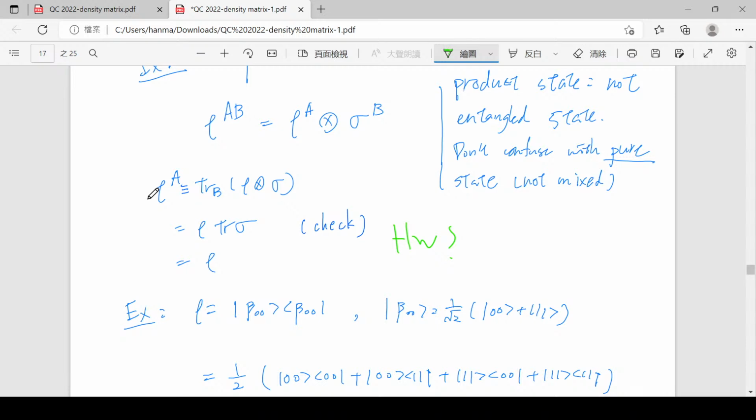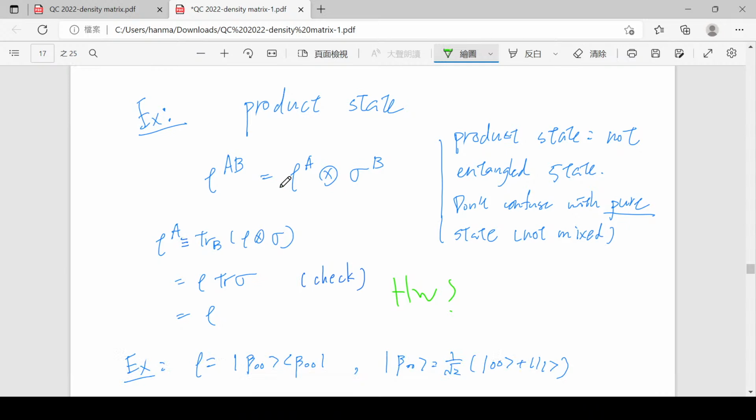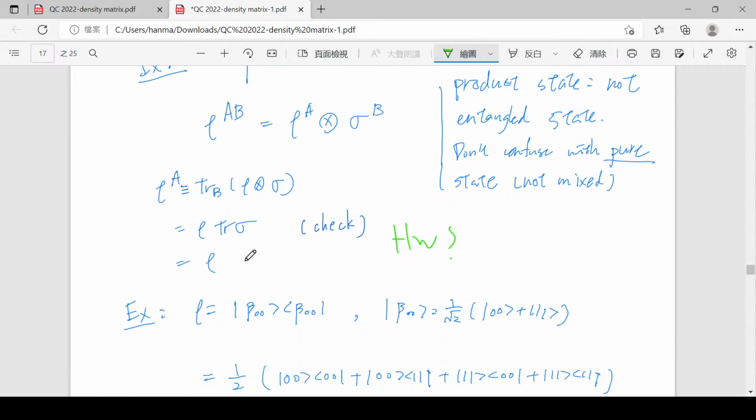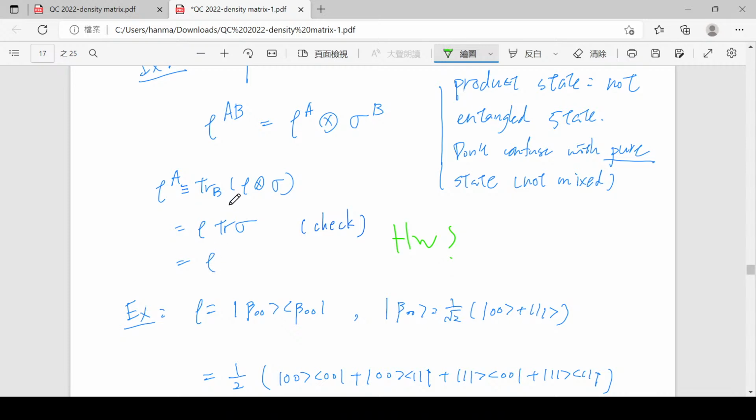Anyway, if you do partial trace over B here, then what happens is you get rid of this tensor and you just trace the B part. Now here we say everything is normalized, and this sigma is actually a density matrix, so trace of sigma is 1. So the partial trace of rho A tensor sigma B is rho A.